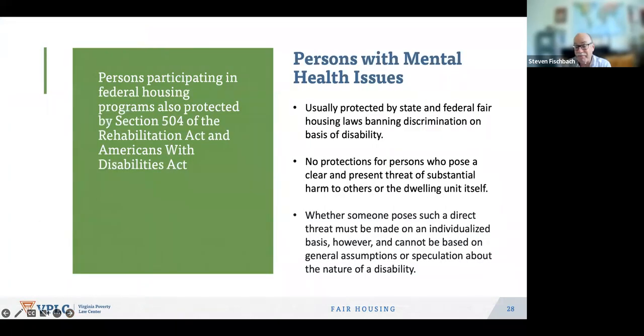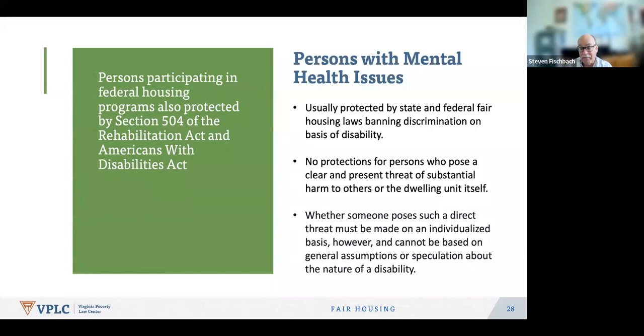Another common issue for service providers is dealing with clients who have mental health issues. Those individuals would be protected under both the federal and state fair housing laws on the basis of disability. However, there's no protection for persons who pose a clear and present threat of harming others or harming the property itself.